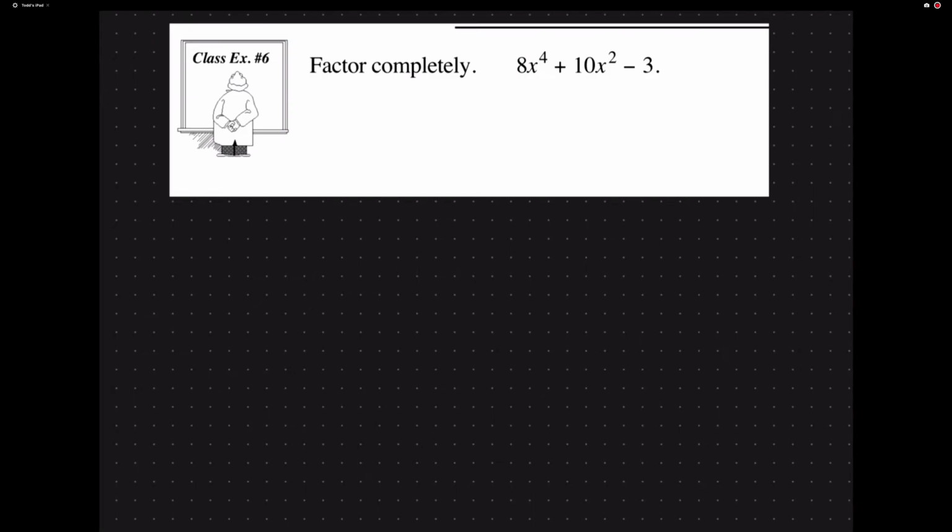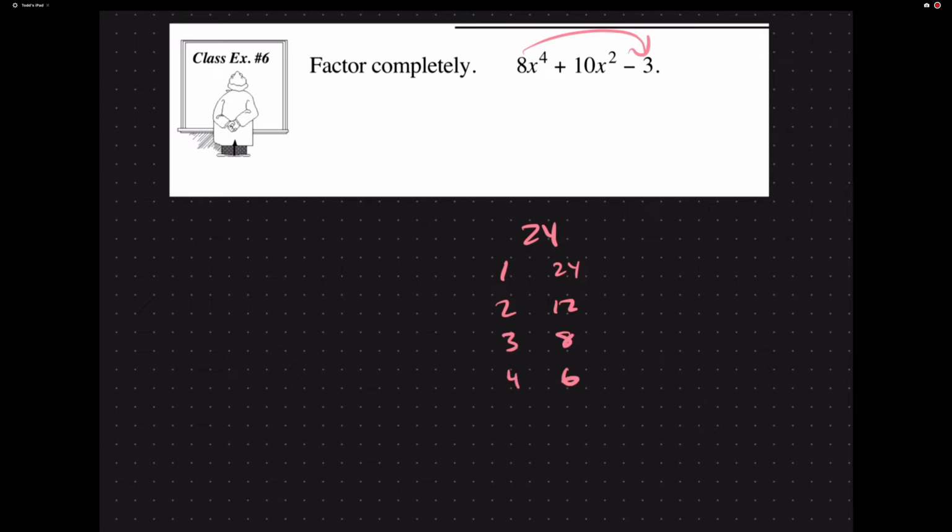All right, here we are at example 6, and it doesn't look like anything new here. It's just saying factor this one. So let's do that. 8 times 3 is going to be 24. And we're going to break 24 up into 1 times 24, 2 times 12, 3 times 8, 4 times 6.